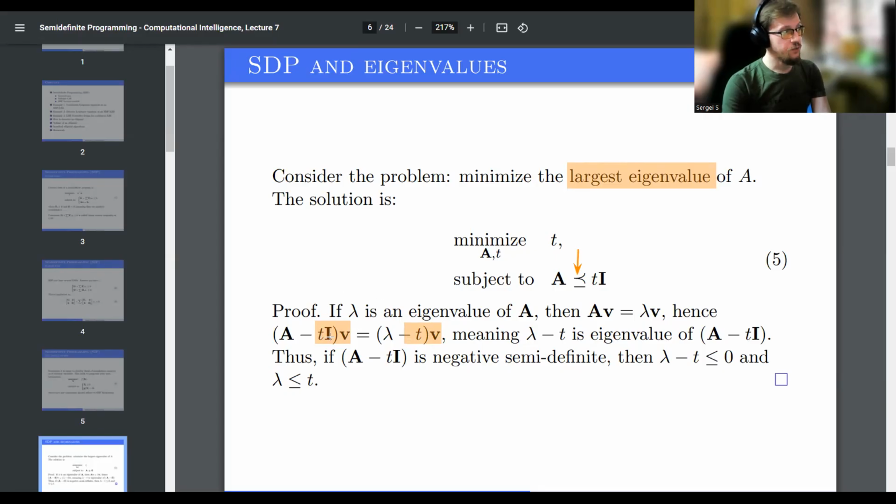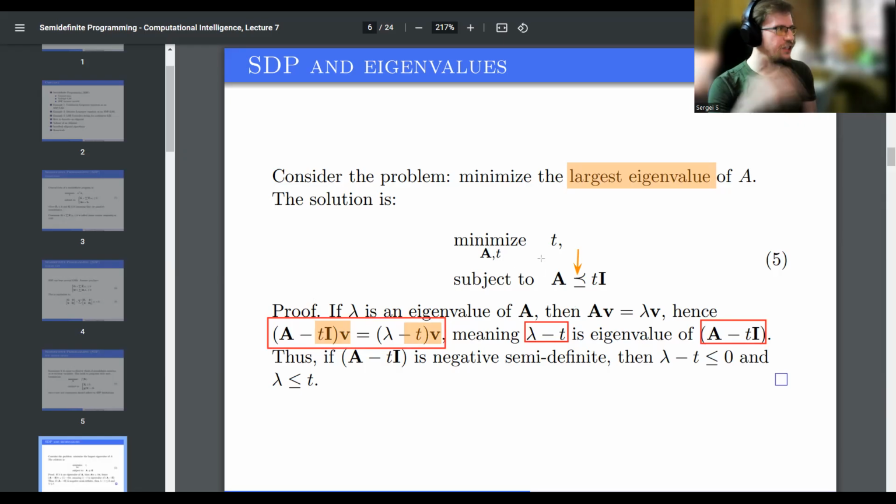We added a variable, but we subtracted it from both sides. It can be 0, it can be anything, negative or positive, it doesn't matter. This still works. So we achieved this strange equality: A minus Ti times V is equal to lambda minus T times V. But that means that lambda minus T is an eigenvalue of A minus Ti. So we found this new expression with a new eigenvalue.